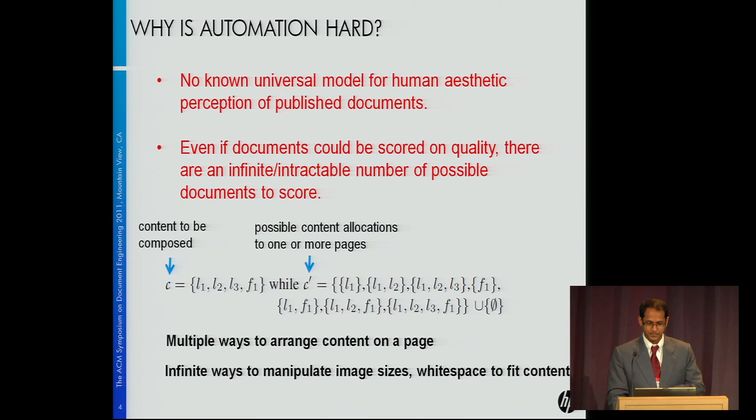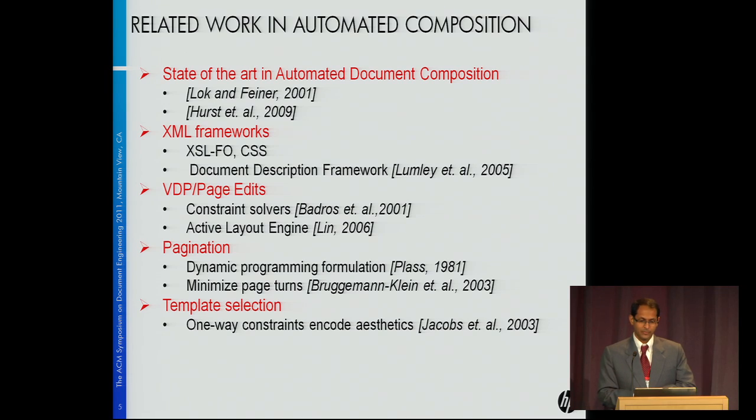So if you look at the state of the art in automated document composition, I'm just going to refer you to the 2 fine review papers there to go through the pros and cons of the various methods. But I will say that our method, unlike XML-based frameworks like XSL-FO and so forth, and further advances on that like DDF, is a mathematical framework rather than an XML framework to do layout.